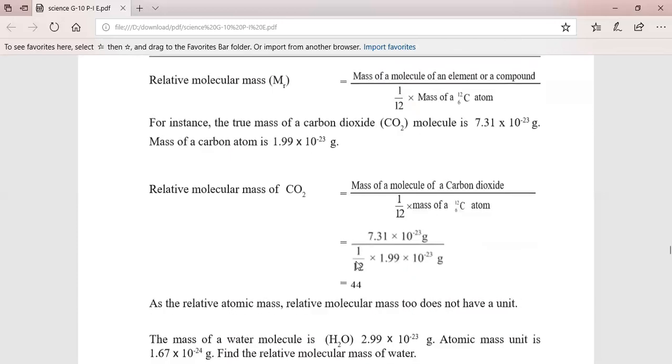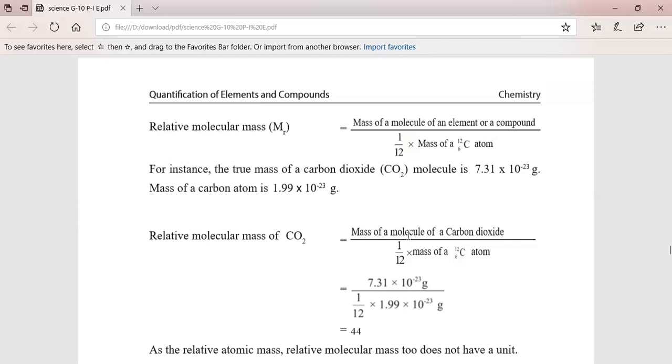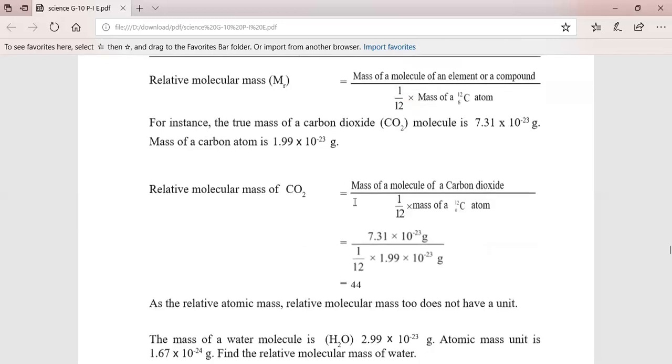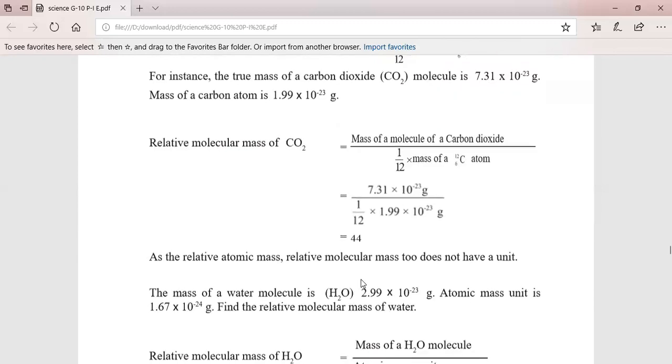Here we apply the data. The mass of a molecule of carbon dioxide is this value, divided by 1/12 of the mass of a carbon-12 atom. It is 44.